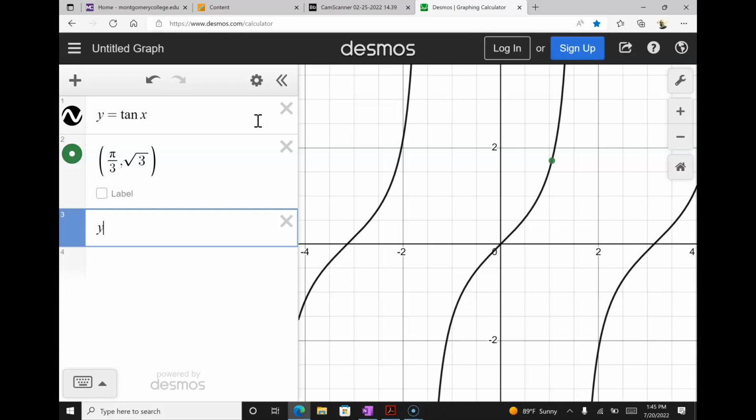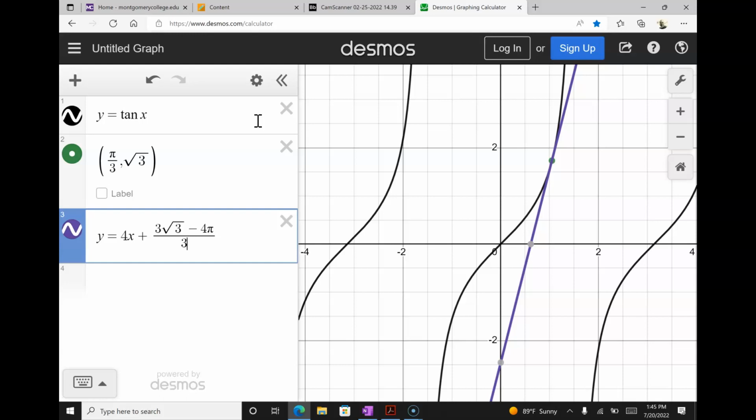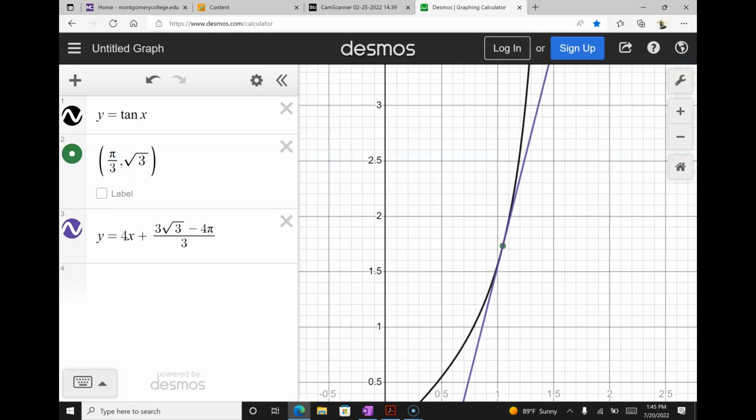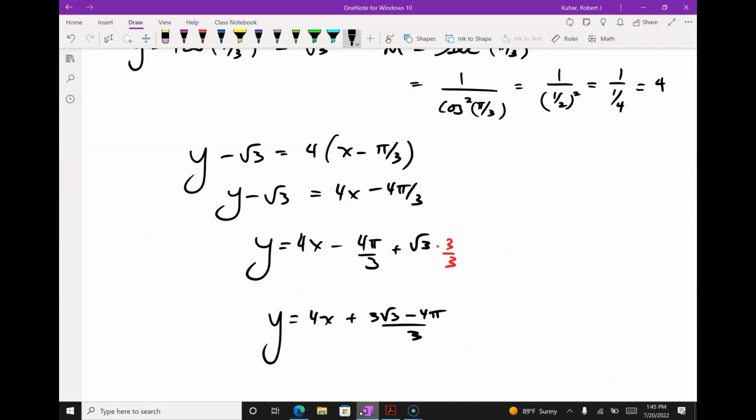And my equation was y equals 4x plus 3 square roots of 3 minus 4 pi, all divided by 3. Anybody get it? Nobody got it? You got it? Got it?